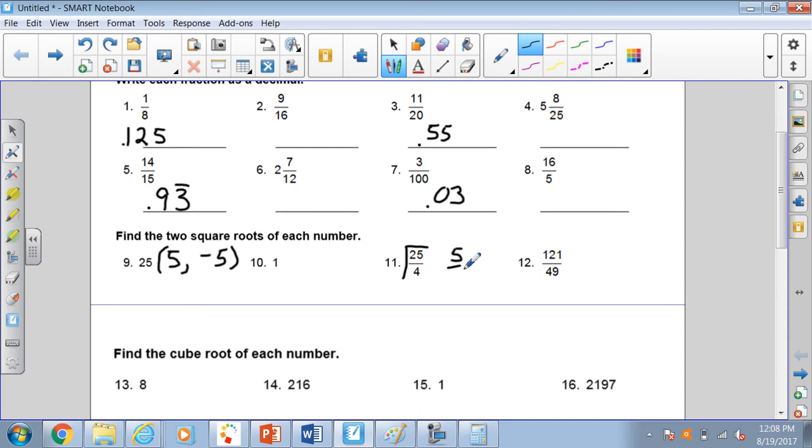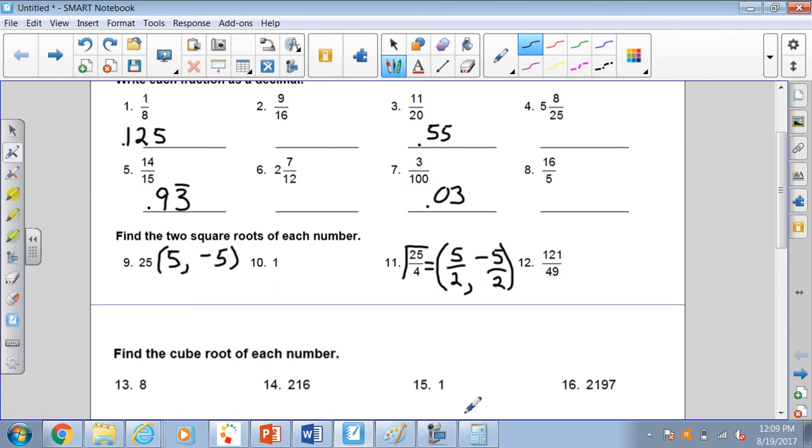And I also know the square root of 4 is 2, right? Because 2 times 2 equals 4. So my answer is going to be 5 over 2. But again, remember, that can be a positive 5 over 2 or a negative 5 over 2. And either way I do that, my answer is correct.